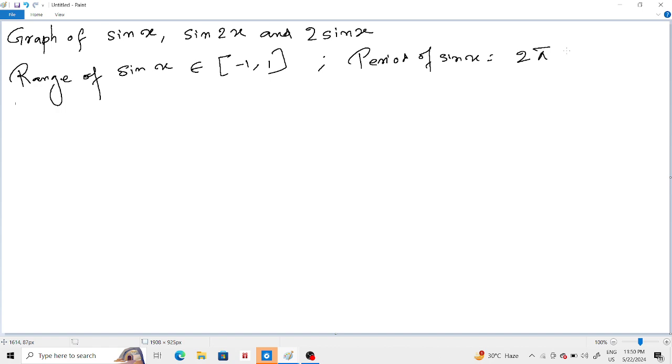So if we draw the graph of sin x, it will become something like this.